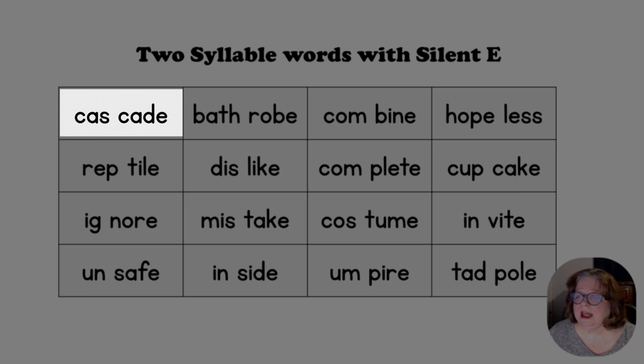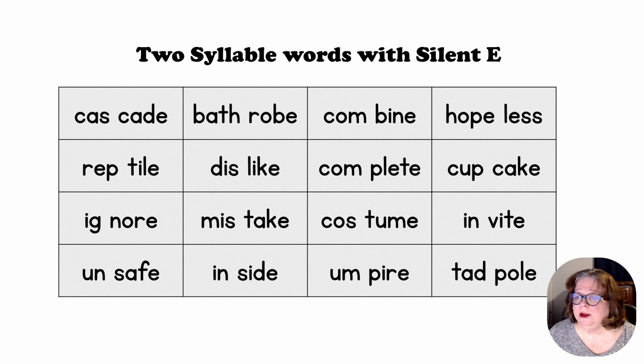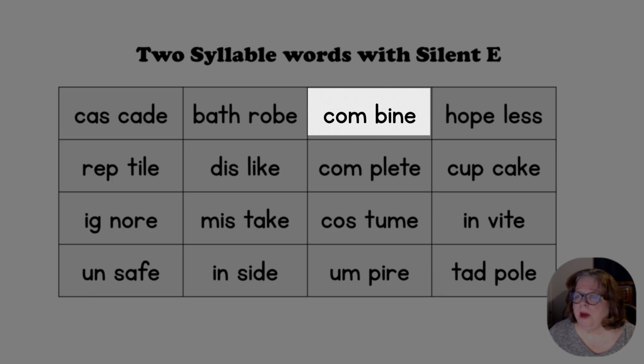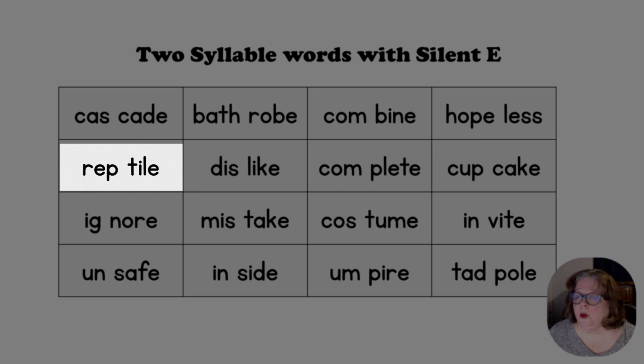Cascade. Bath, robe, bathrobe. Combine. Hopeless. Here the silent E is at the end of a syllable. Reptile.